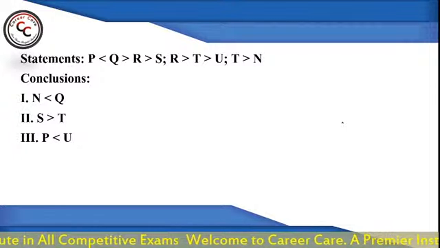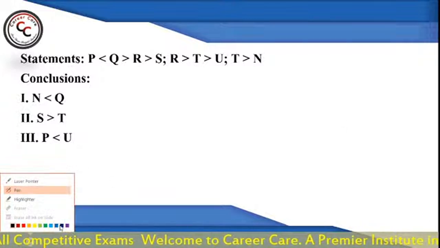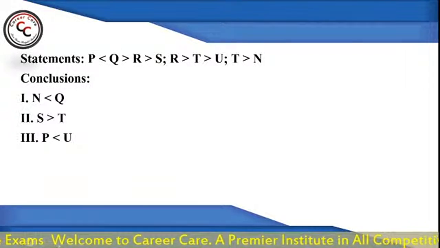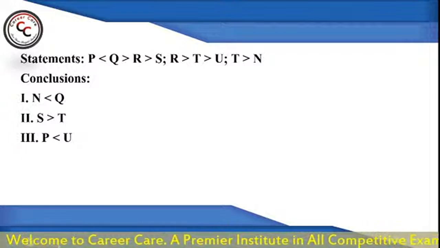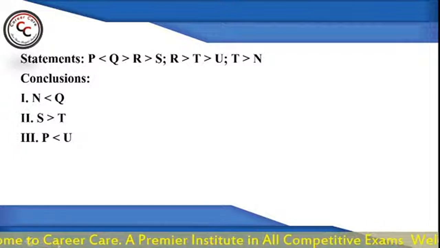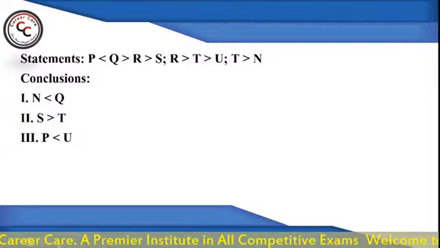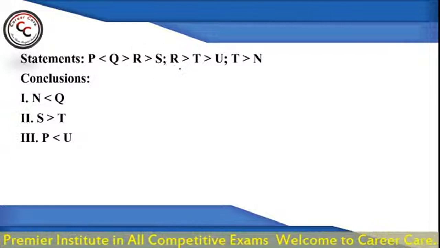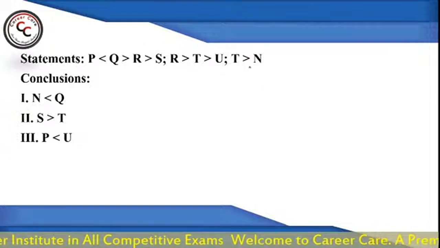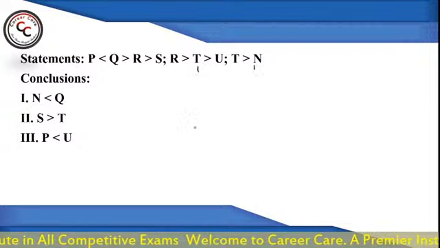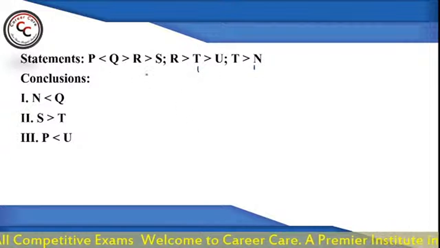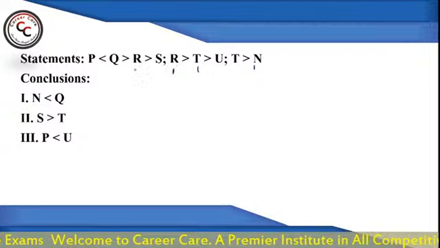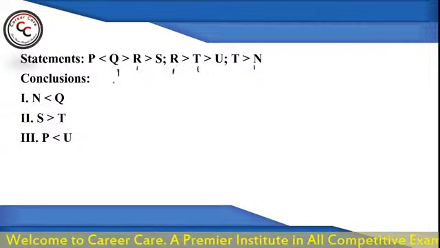Then look at this particular question on inequalities. One of the very easiest concepts where you can score maximum questions. So first conclusion, he is asking between N and Q. So P, Q, R, S, R, T, U, T, N. N is connected with T. T is connected with R, and R is connected with Q. Simple.